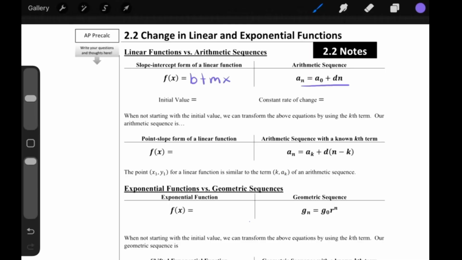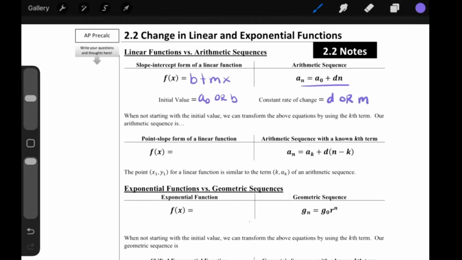Our initial value would be a naught from our arithmetic sequence, or b from our slope-intercept. These two formulas look really similar, and that's why we wrote it this way. Our constant rate of change would be our d, or our m.